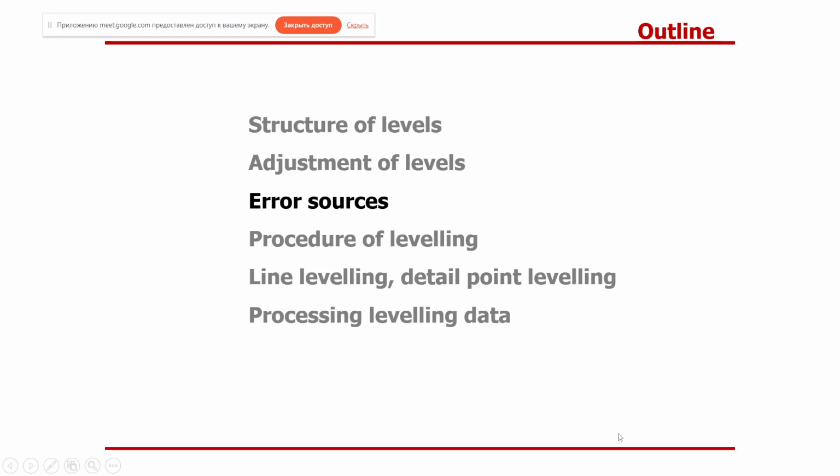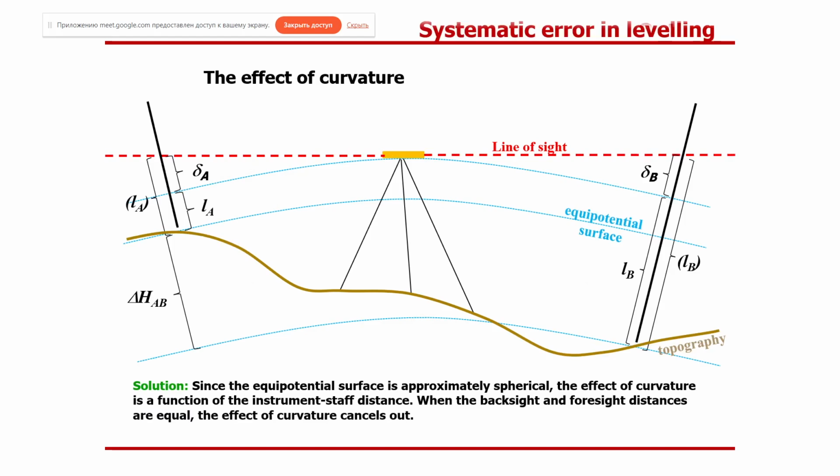Let's think about error sources. We can distinguish two types of errors. Systematic errors.